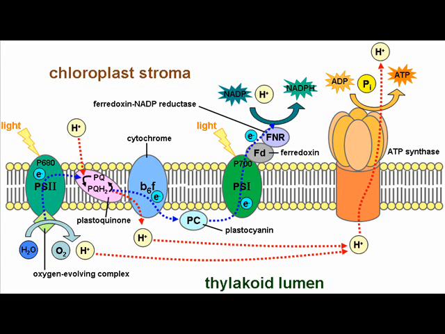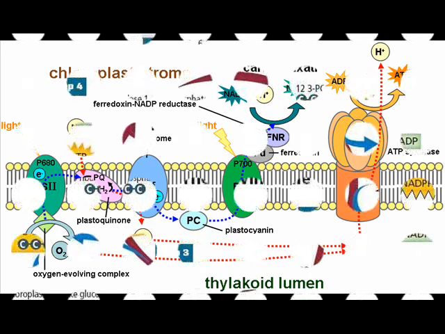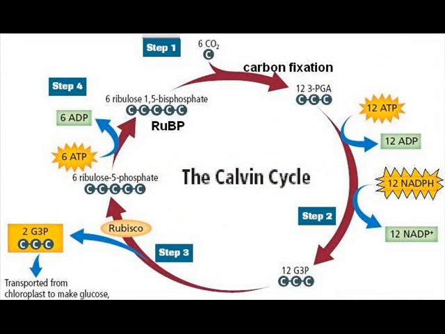Then through the other enzymes and other molecules that provide 1 phosphate, ADP, adenosine diphosphate, goes to the ATP synthase in order to make ATP, and to be specific, to make 36 ATP out of this reaction.